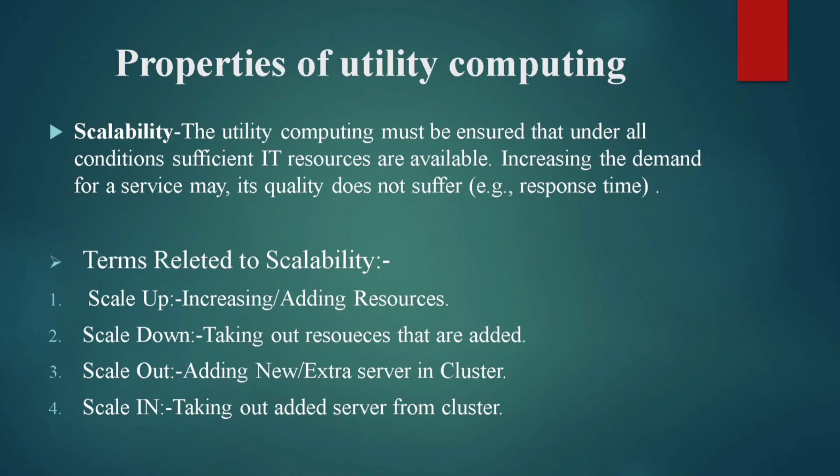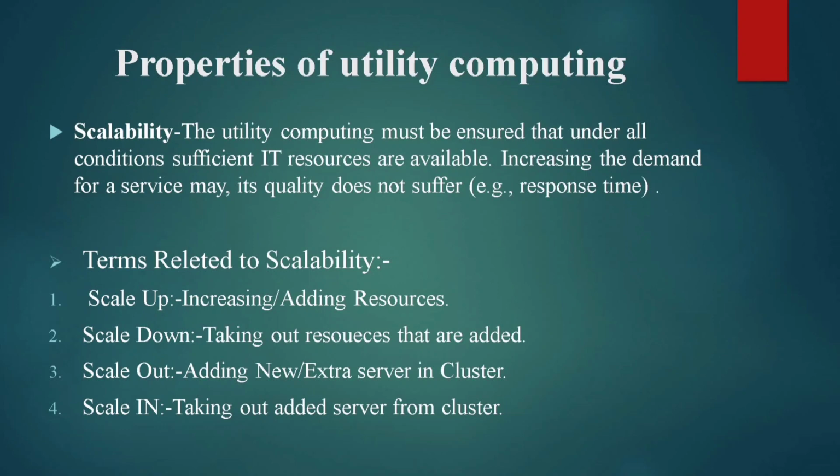Here are some terms related to scalability. First term is scale up, increasing and adding resources. That means whenever we are increasing or adding extra resources inside a database or existing server, that process is called scale up. Then the next term is scale down. When we start removing the additional resources we added to the existing server, that is called scale down.